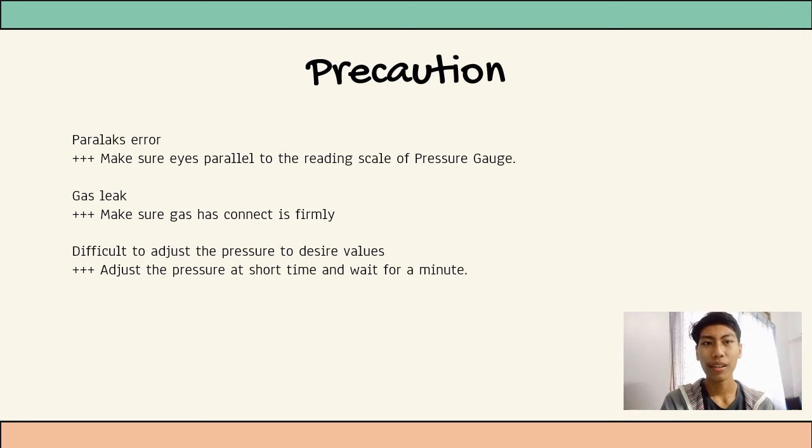For precaution, make sure that there is no parallax error, so your eyes need to be perpendicular to the reading scale so you can read it properly and avoid parallax error. Second, the gas connection might not be good and might have a gas leak, so make sure that you connect the gas connection firmly, until there is no hiss or any sound of gas leaking.